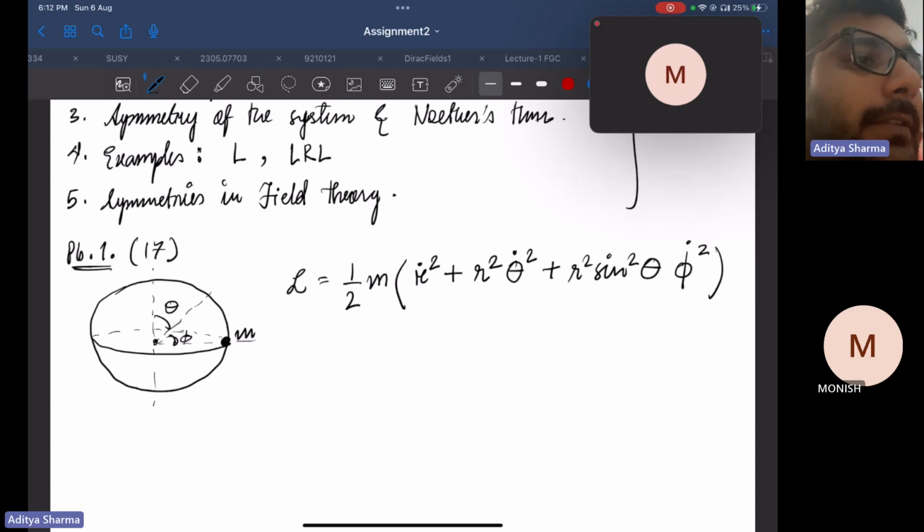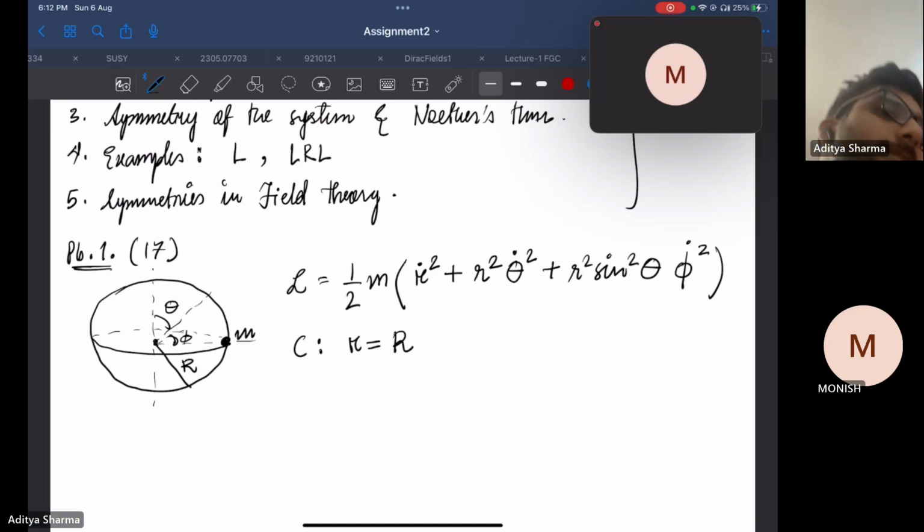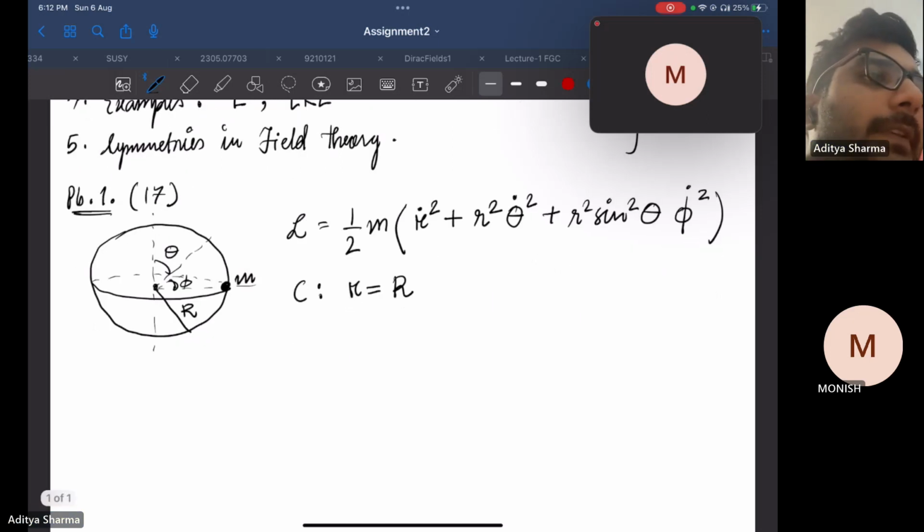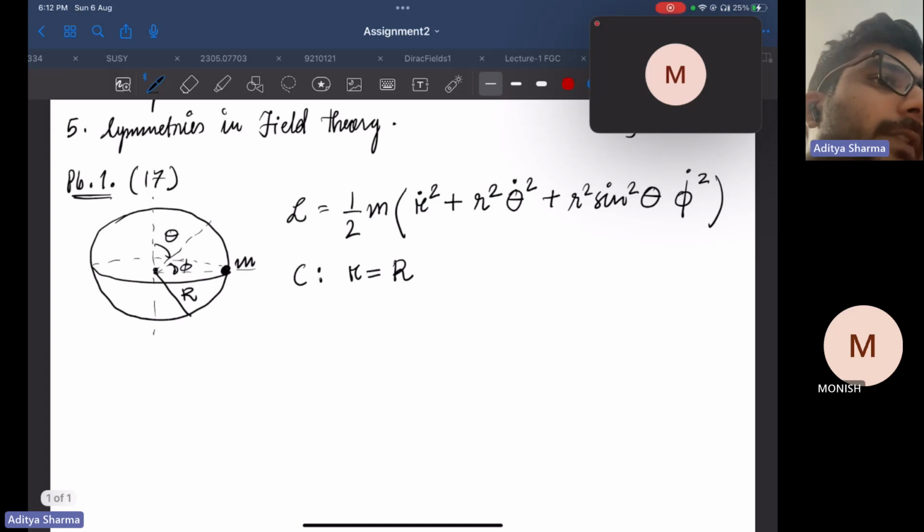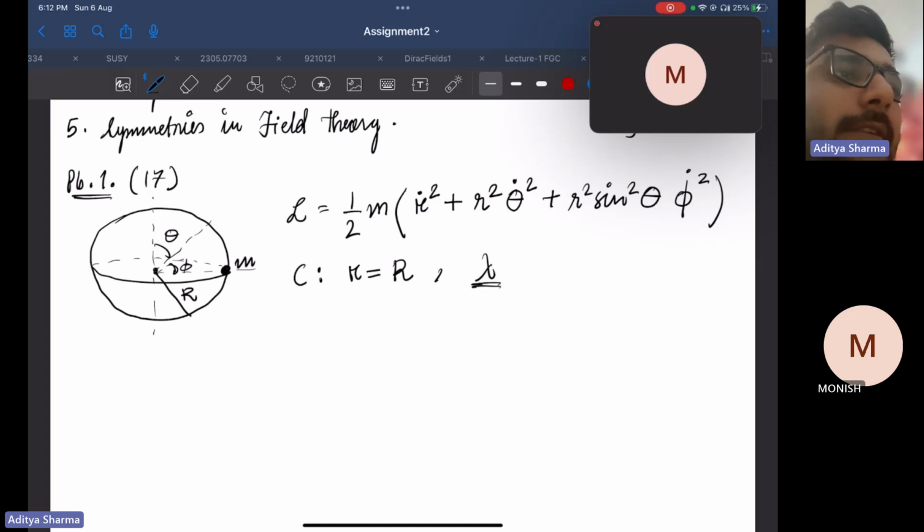And we have the constraint. Suppose the sphere's radius is capital R. Then our constraint is r is equal to R. Therefore, using a Lagrange multiplier, some variable say lambda, I'm going to incorporate this in the Lagrangian.